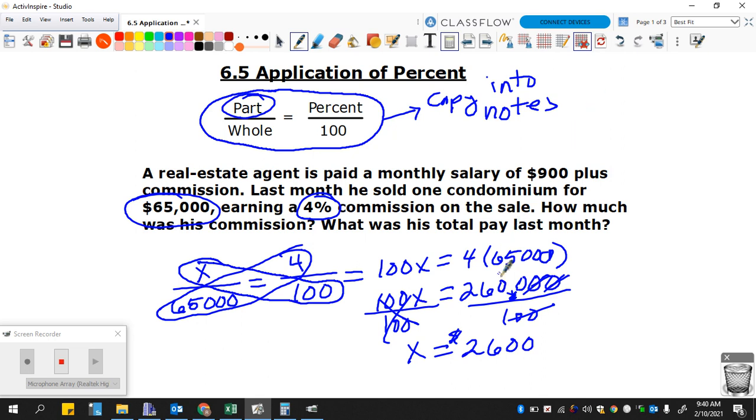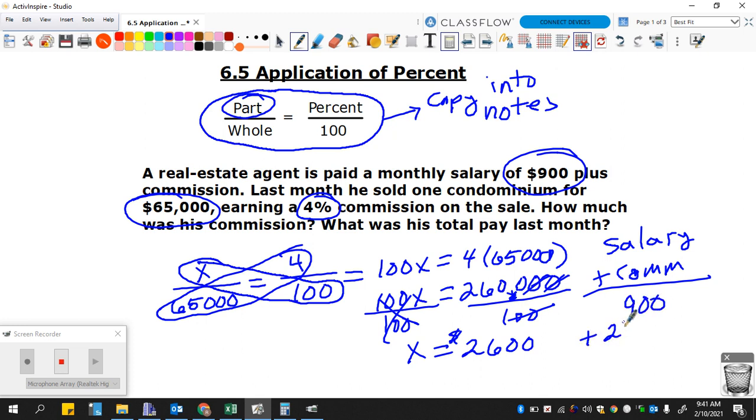All right. Now, what was his total pay last month? He's paid a monthly salary of $900 plus the commission. So we have salary plus the commission, $900 plus $2,600.